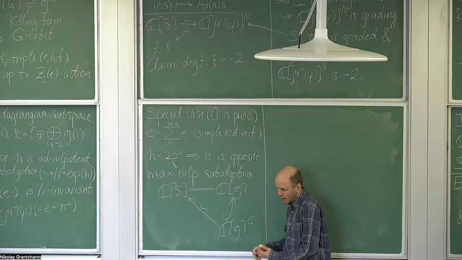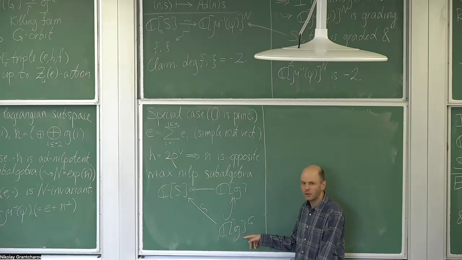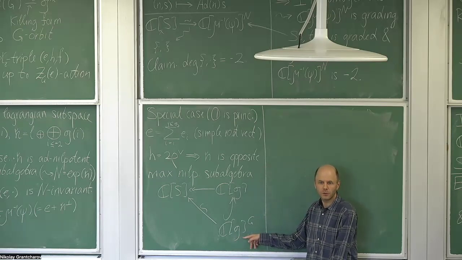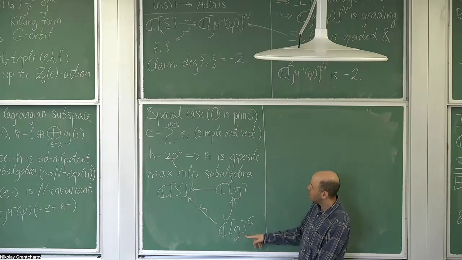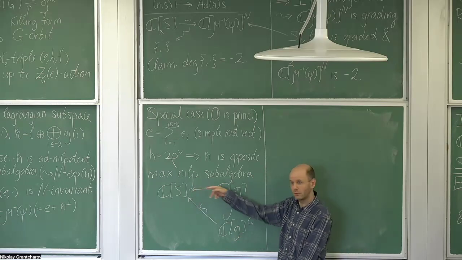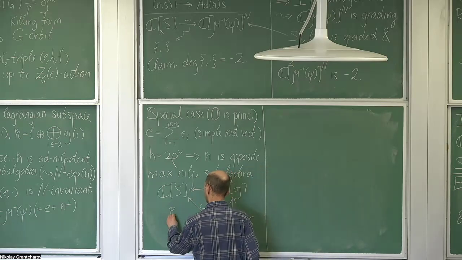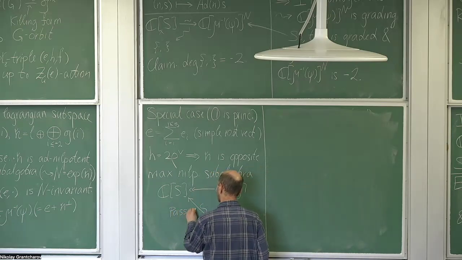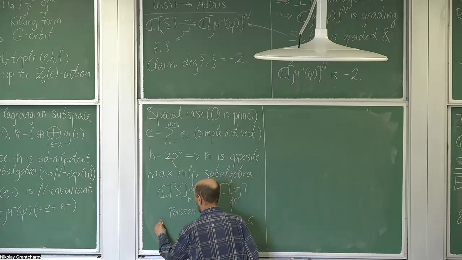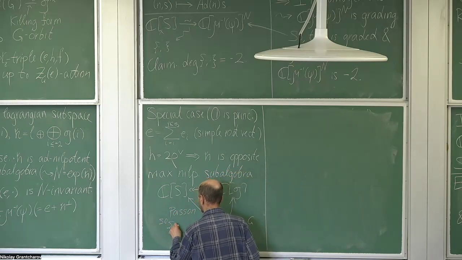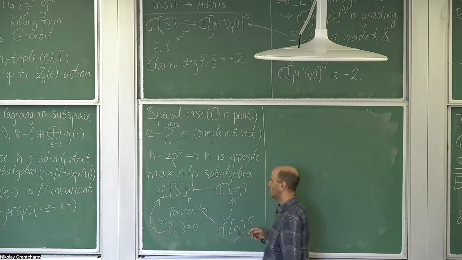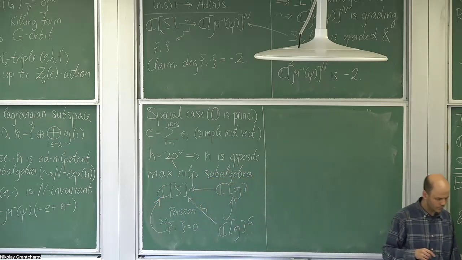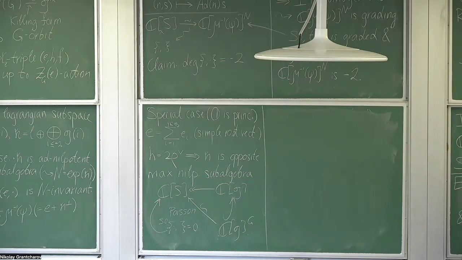The Poisson bracket comes from the Lie bracket, and these guys are killed by Lie brackets with every element of G. So the bracket here is 0. And this is a Poisson isomorphism. Surprising. So the bracket here is constructed equal to 0. Nothing interesting happens. All right.